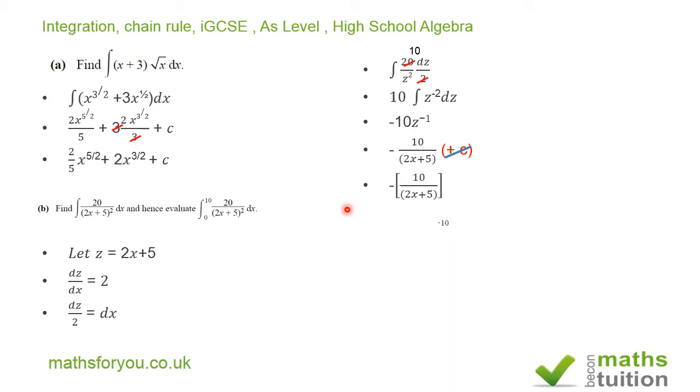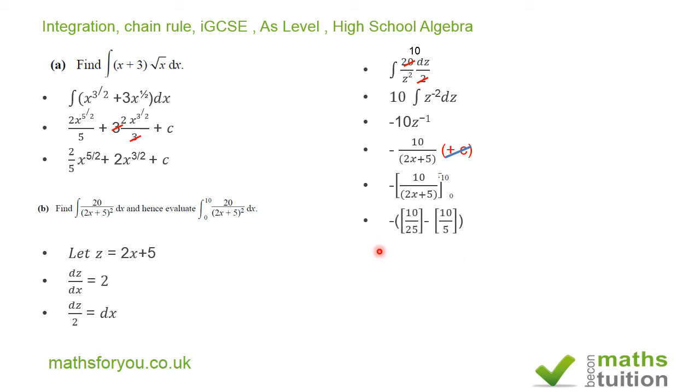So what I then have is minus 10 divided by 2x plus 5 within the limits of 10 and 0 there. Now we're going to substitute 10 for x for the first half, and for the next half we substitute 0 for x. So 2 times 0 is 0.